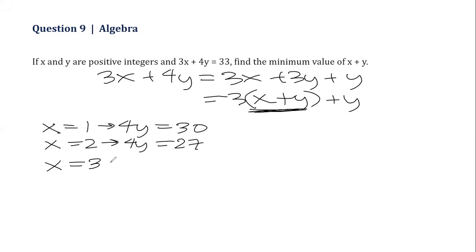If x is 3, we will get that 4y is equal to 24. This will give us an integer solution for y, which is 6. So with this, the biggest possible value of y is 6, and x plus y is just 3 plus 6, which is 9.